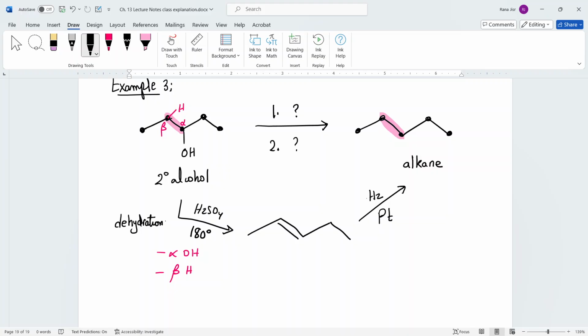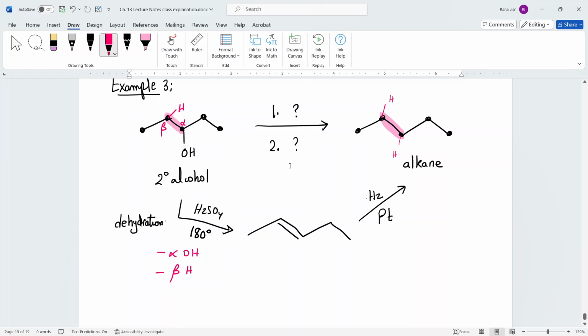And in this case, I would end up adding hydrogens here. I'm going to add a hydrogen here, and I'm going to add a hydrogen here. So I'm going to end up getting my alkane in this case. This is exactly the same as adding a hydrogen here and hydrogen there, which is going to be my alkane. So this is the process of making an alkane.